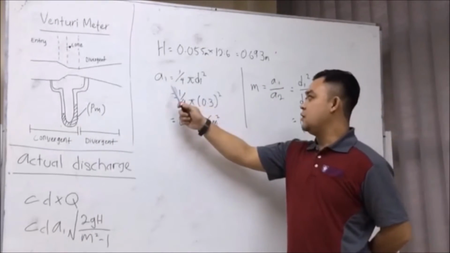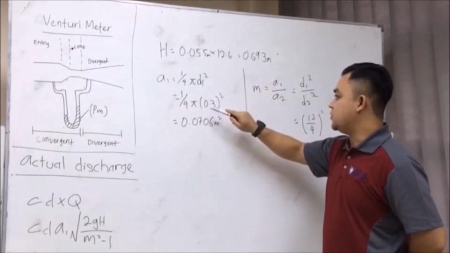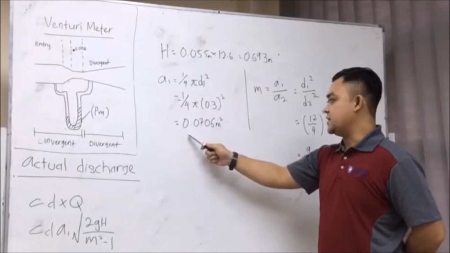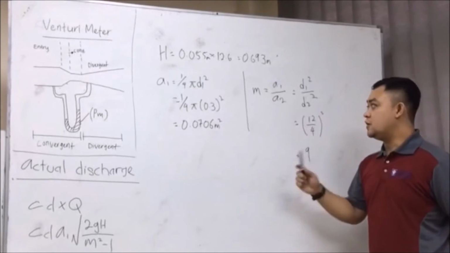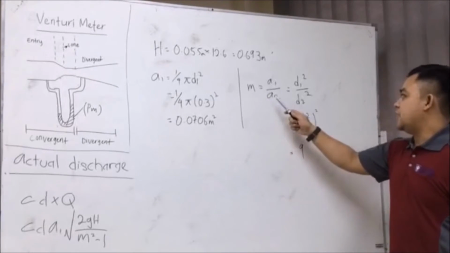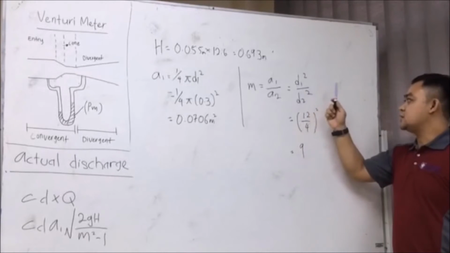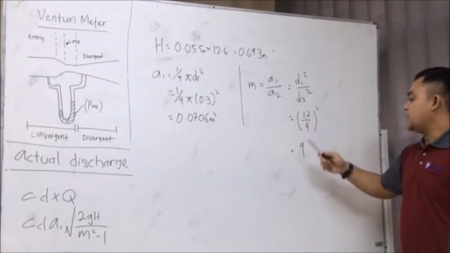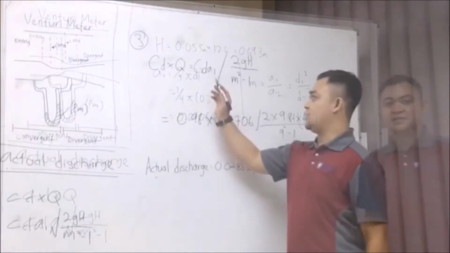For area 1, we multiply quarter pi by D1 squared, and we insert the value 0.3, and this is the answer, 0.0706 meter squared. To know the value of area ratio m, we know that area 1 over A2 is equal to D1 squared over D2 squared. Insert the values, 0.3 over 0.1 squared is 9.